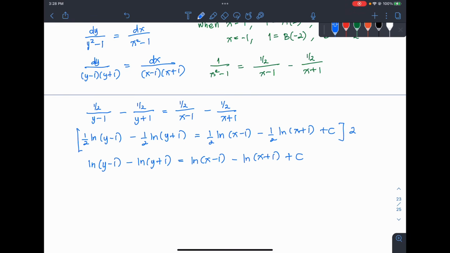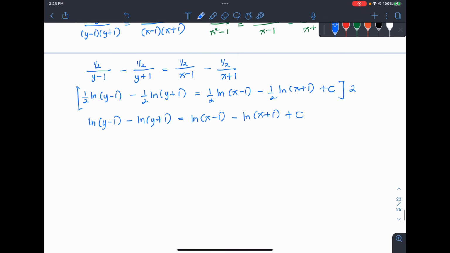So we combine all the ln's. We combine the two, so this one would become ln of y minus 1 all over y plus 1. And it equals, this is the same as ln of x minus 1 all over x plus 1 plus c.